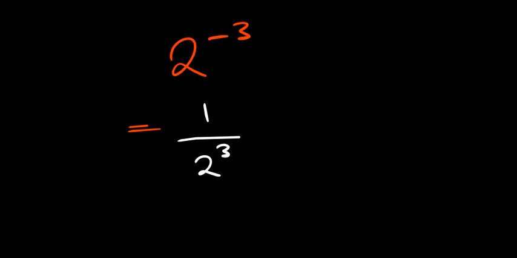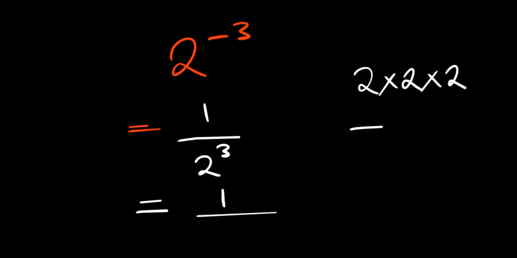Now if I were to simplify further, like say 2 to the power negative 3, the negative becomes 1. So it is 1 over 2 to the power 3. Then I can solve it further if they tell me to simplify further. I'm going to maintain my 1, but I've got 2 to the power 3. 2 to the power 3 means 2 times 2 times 2, which will just give me an 8.